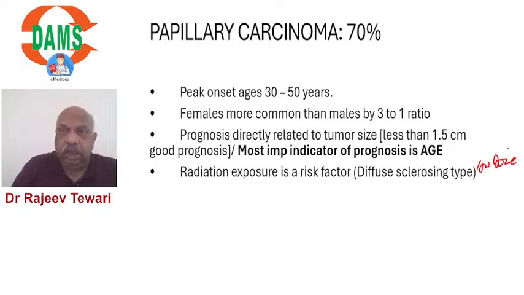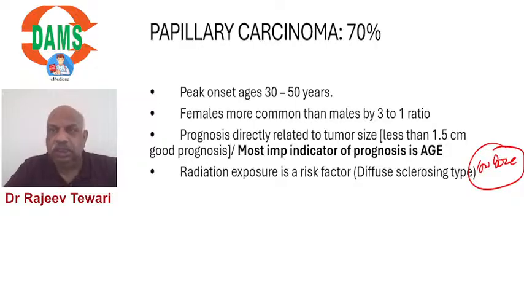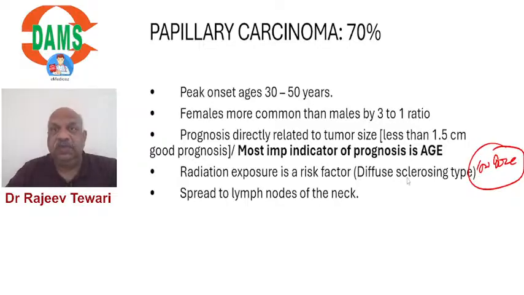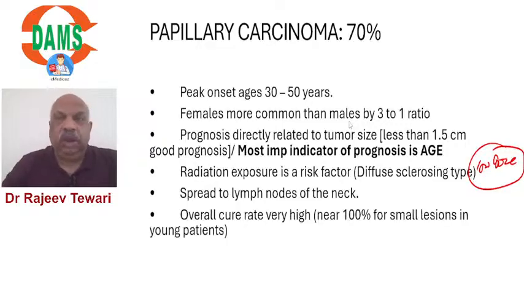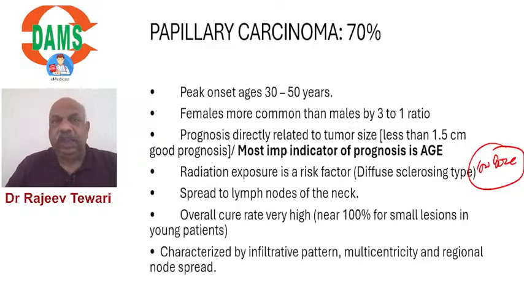This is very important. If I give high dose radiation like 5,000 to 6,000 rads, the thyroid gets destroyed. So low dose, less than 2,000 rads. And the type is diffuse. Lymph node involvement is more common than blood-borne, and lymph node involvement does not worsen the prognosis. Cure rate is high, tumors small, and multicentric. More often it's multicentric.